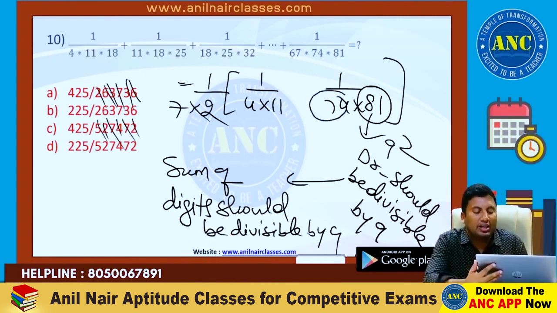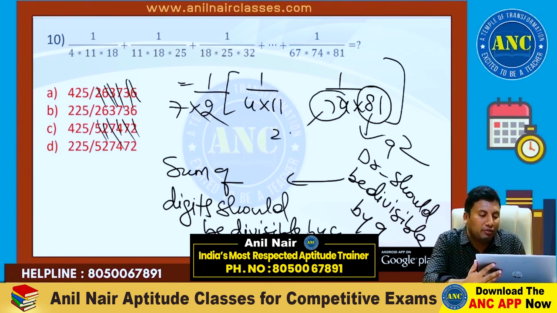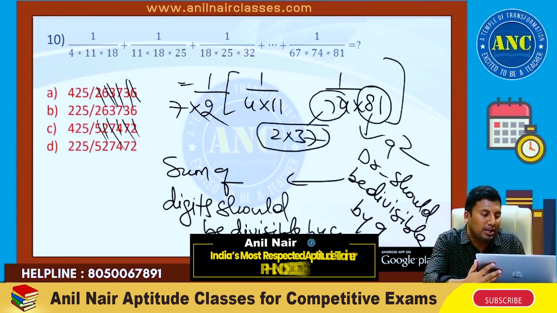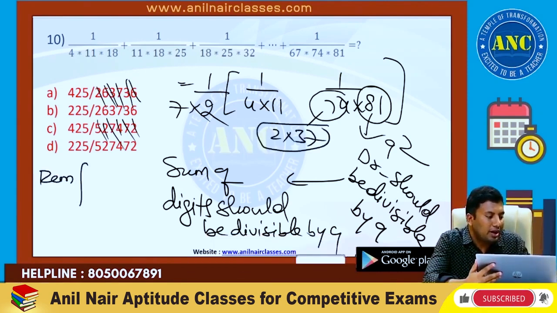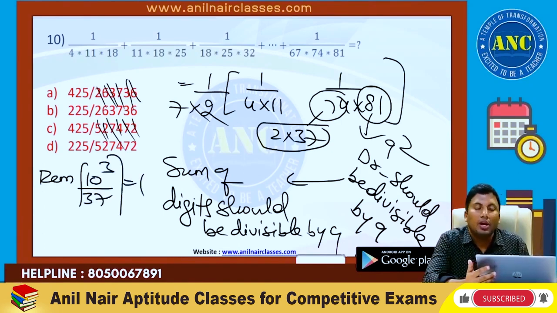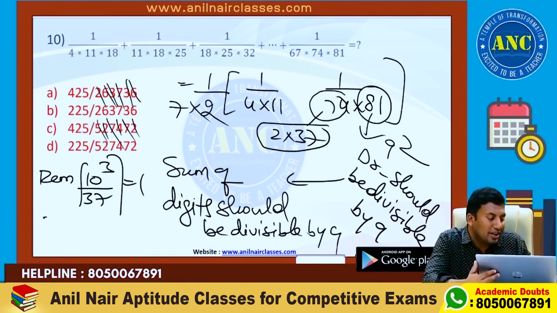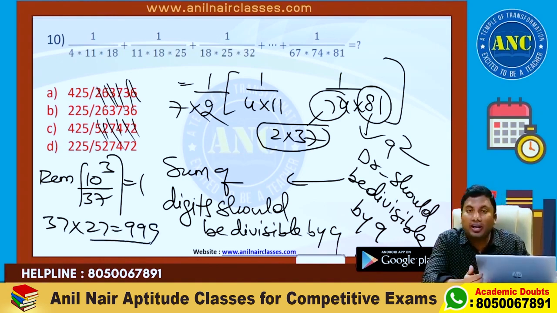Next one, 74. 74 is nothing but 2 into 37. Remainder 1: 10 cube by 37 is 1. 10 cube is 1000, 37 into 27 is 999. So remainder 1.